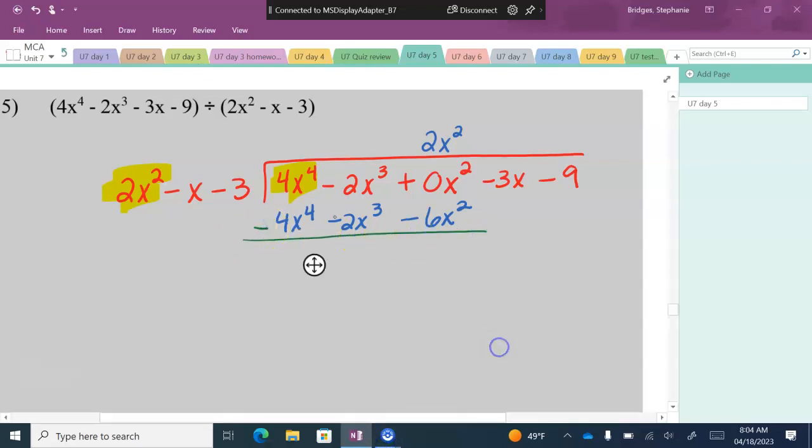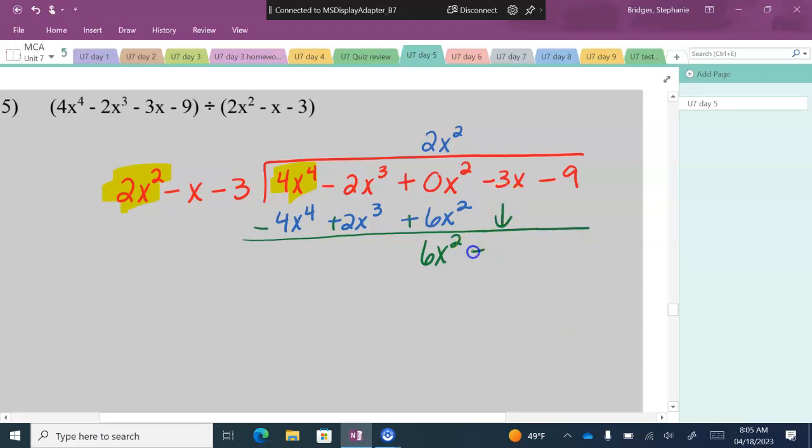The 4x to the 4th, the negative 2x to the 3rd, and the negative 6x squared are all going to change. 4x to the 4th and negative 4x to the 4th cancel out. What also happens to my x to the 3rds? They also cancel. Then I add my x squared. 0x squared plus 6x squared is going to give me 6x squared.